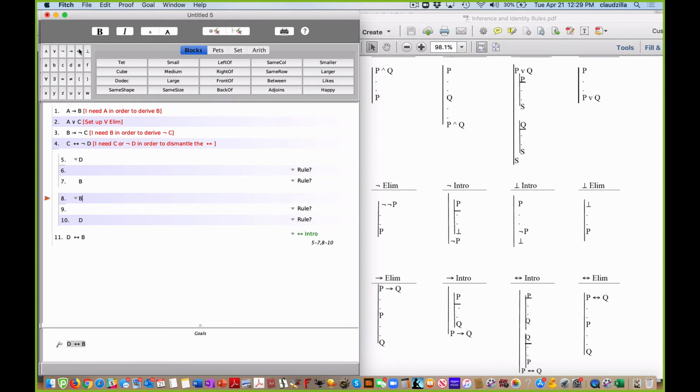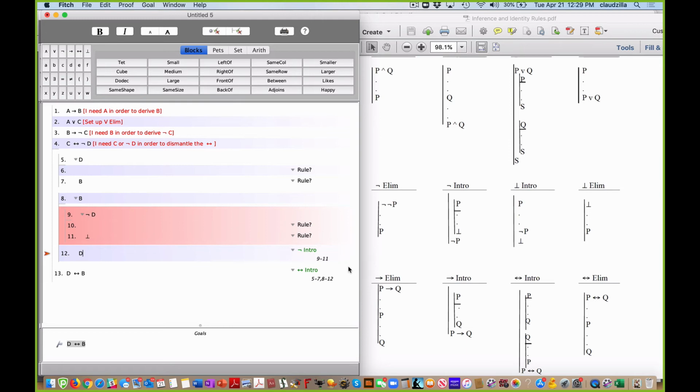Well, D is an atomic sentence. What if I say I don't have D? What if I go ahead and work the derivation of D by way of negation intro? So, well, let me assume I don't have D. What do I want? A contradiction, so that I can get out and say that what is at present 9 through 11 gets me a contradiction, and that will be negation intro. And then what do you notice happens when you assume that you have not D?